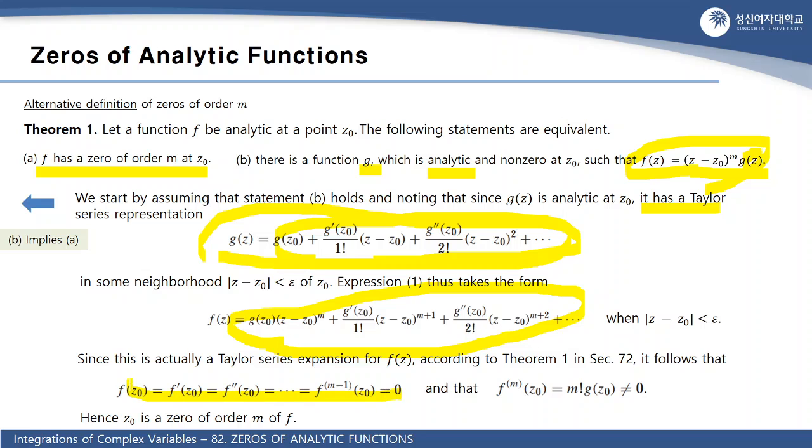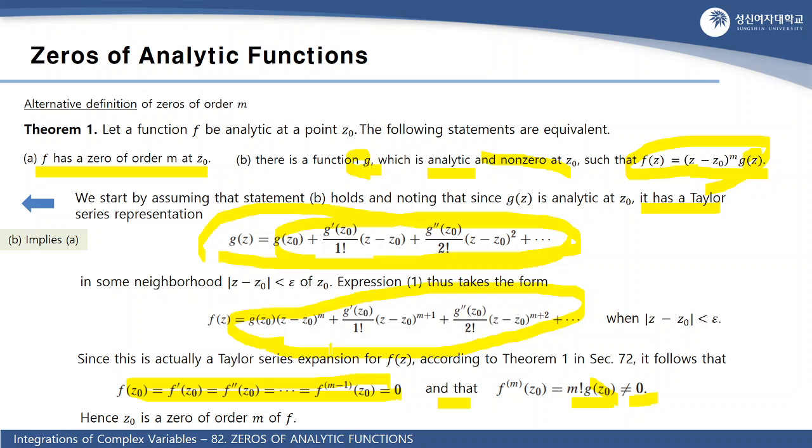So we get this result, and that the m-th derivative of f at z0 is equal to m factorial times g(z0), which is not equal to 0, because g(z0) is non-zero. So it's not equal to 0.